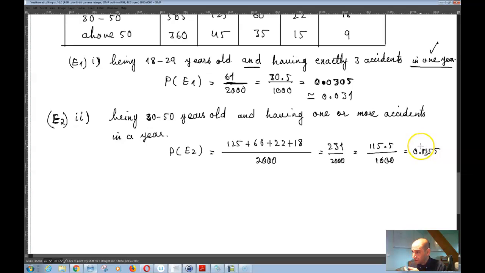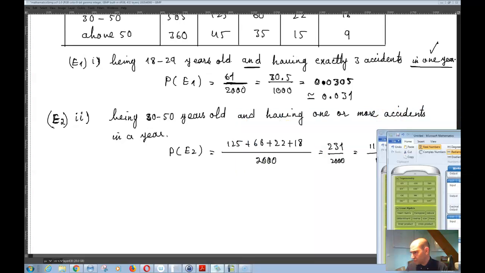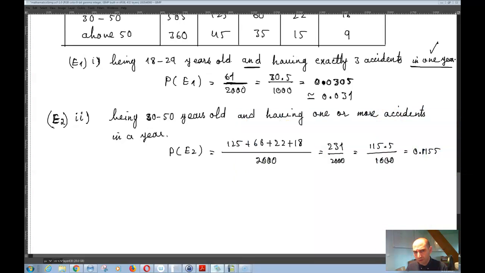So 125 plus 225. Oh, I made a mistake somewhere over here. So let me see, 125 plus 66 plus 22 plus 18 is equal to 231. But 125 plus 60 plus 22 plus 18 is 225.